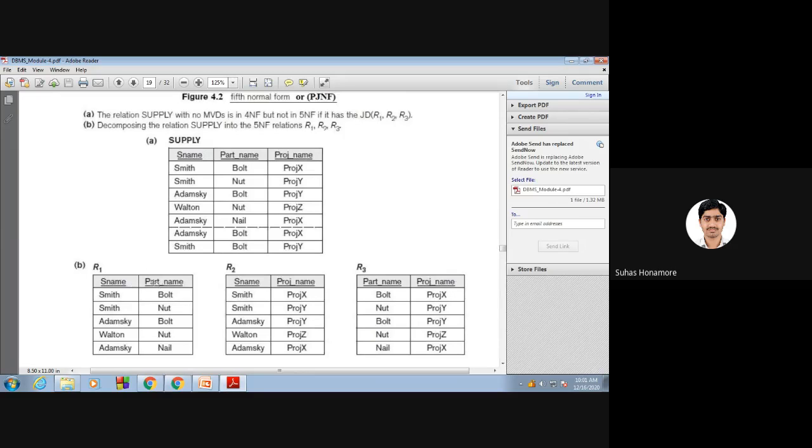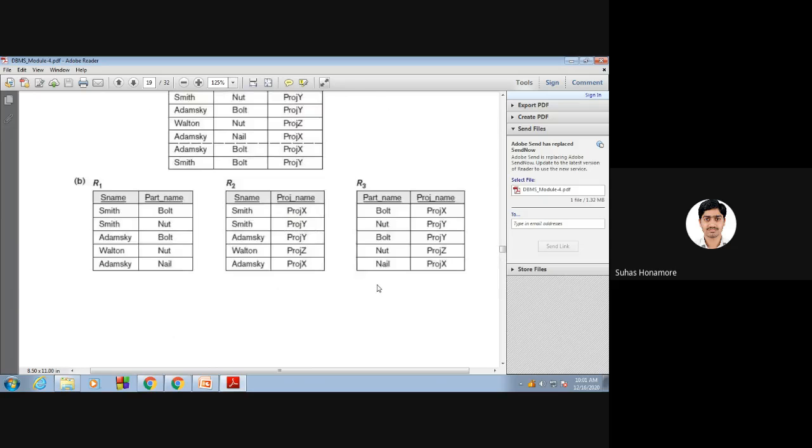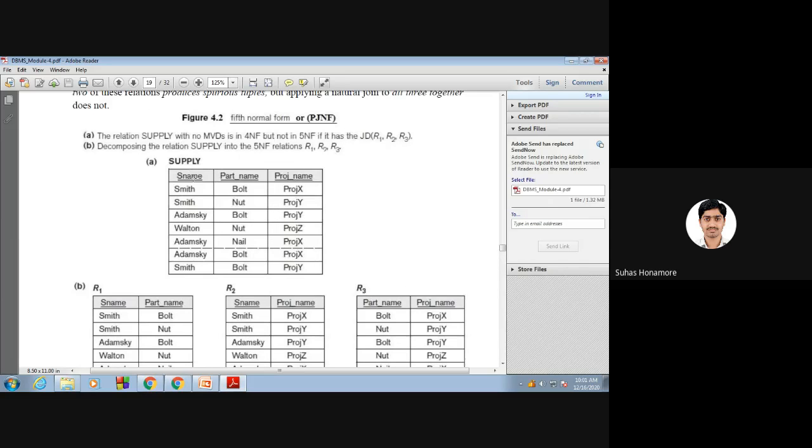In this table we have only two attributes, nothing extra, and these two are part of our R, which had these three attributes. So this is my Ri, and it is a super key only. So this is in 5NF. Same thing with R2, this is also a super key, so we don't have any problem. Every Ri, that is R1, R2 and R3, has a super key of R.